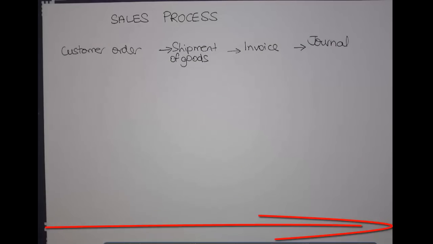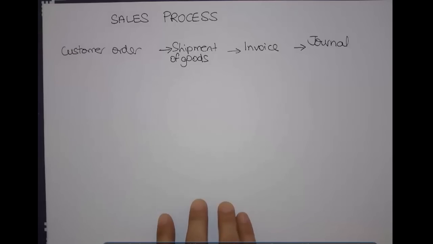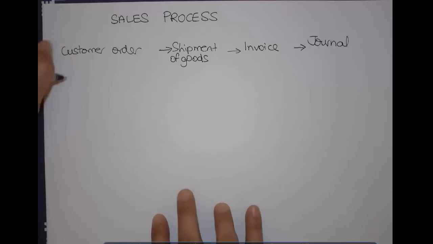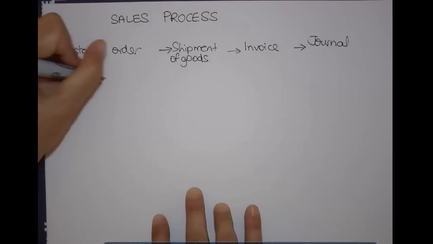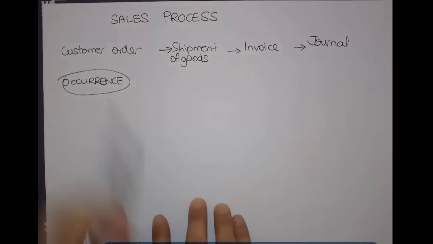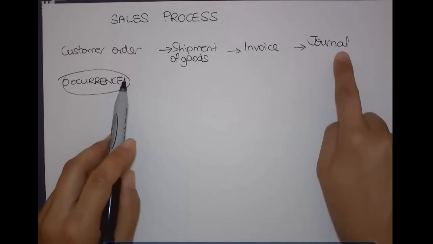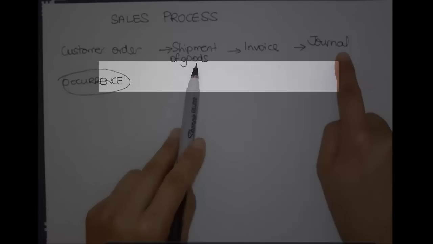Okay, so we're looking at the sales process here, so we're thinking about our occurrence, accuracy, completeness, cutoff, and classification assertions. What I need to do is think about what assertion I'm testing. So if I'm testing the occurrence assertion first, we know occurrence is every journal entry that I've got here matching to a real customer order and real shipment of goods.